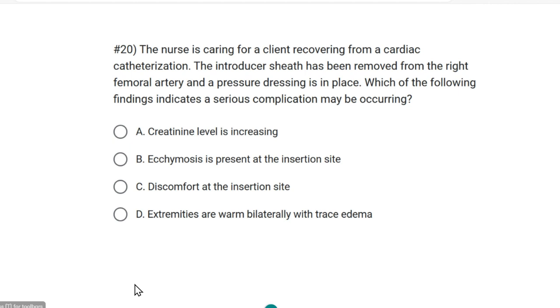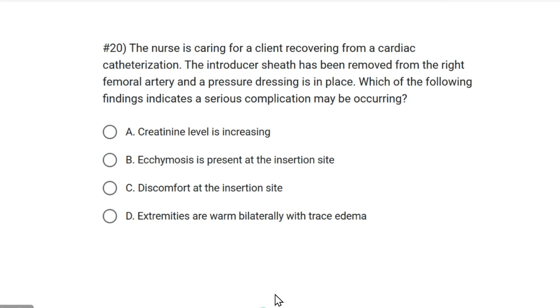The query contains words or phrases that are going to indicate the question includes a negative event query. Generally, these queries are used in evaluation type questions, like an assessment or evaluating the effectiveness of a treatment, procedure, medication, or teaching. In this case, we're going to be assessing for a complication.